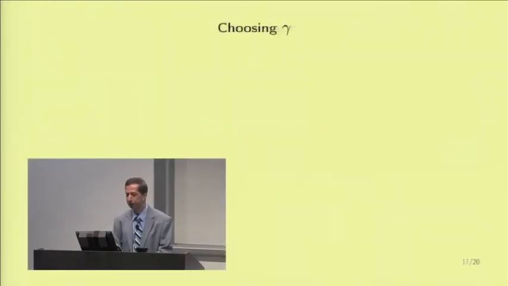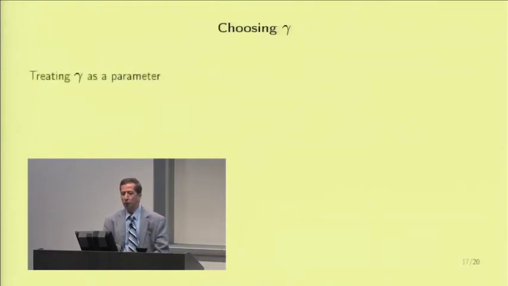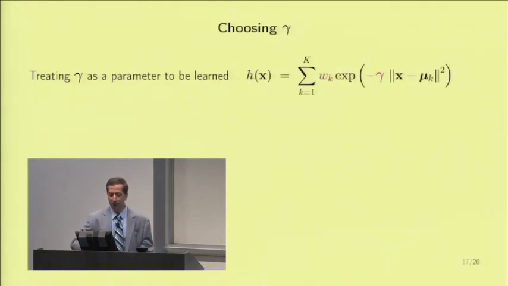Okay. Now, the final parameter to choose here was gamma, the width of the Gaussian. And we now treat it as a genuine parameter. Okay, so we want to learn it. And because of that, it turned purple. Okay, so now mu is fixed, okay, according to Lloyd.